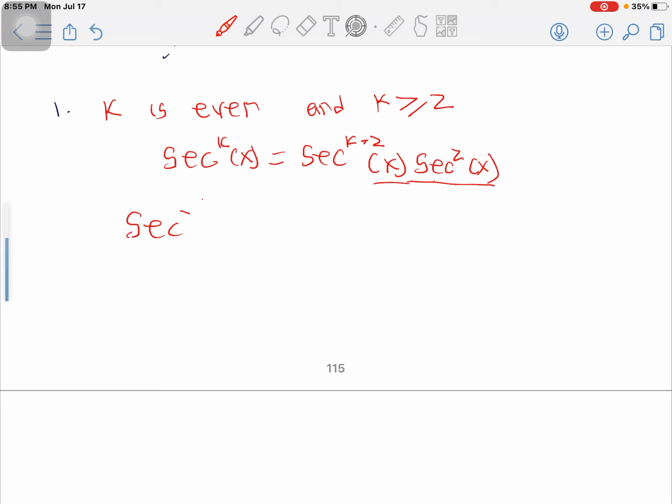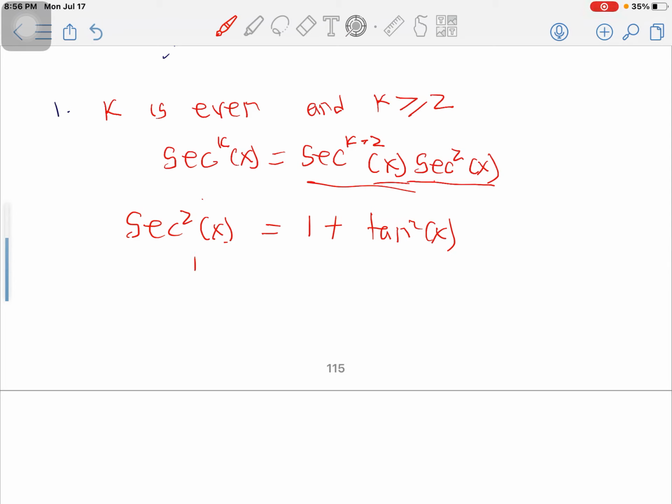When you are done reducing it, this is another trig identity that you must also keep in mind. The trig identity is sec square x equal to 1 plus tan square of x. So with this identity, you will be able to substitute this inside and rewrite everything in terms of tan x.